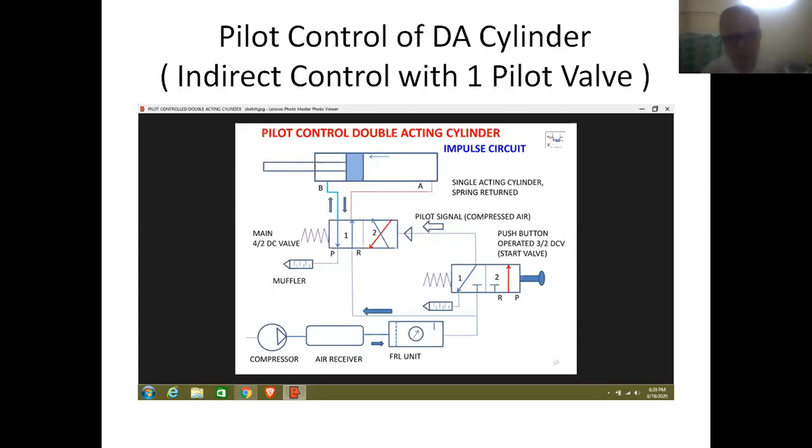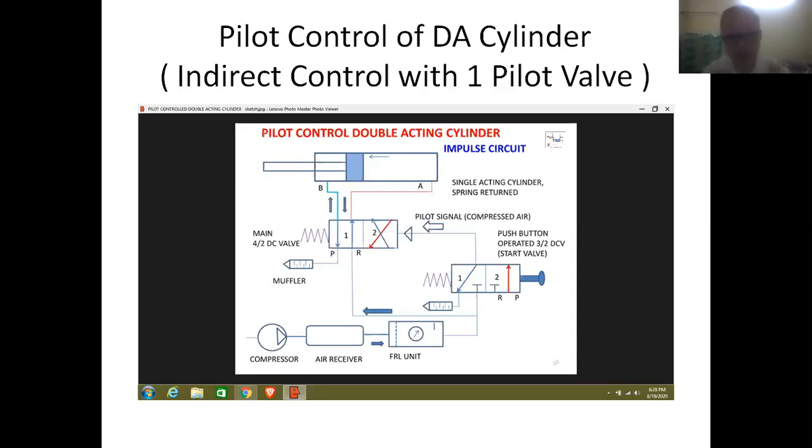So friends, in any case, first position of the DC valve will be used for performing the forward stroke of the piston, and second position of the DC valve will be used for performing the return stroke of the piston.